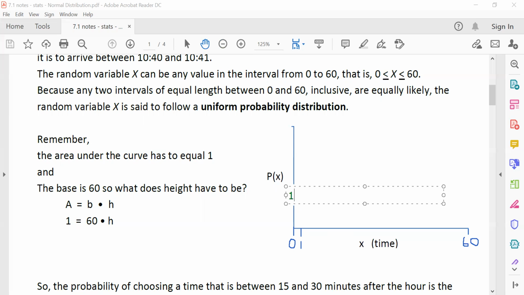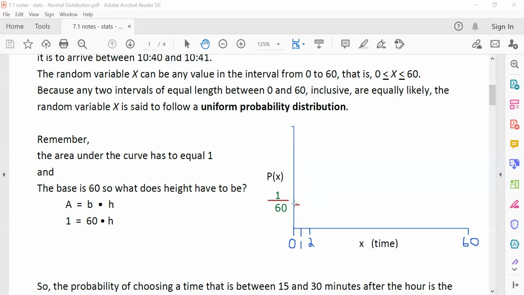Thus, the height of this line here is going to be 1 out of 60. Then if you were to go out to 2 minutes, well, the probability that it would arrive between 1 and 2 minutes after 10 a.m. is also 1 over 60.